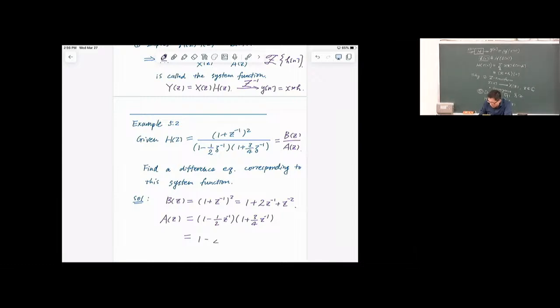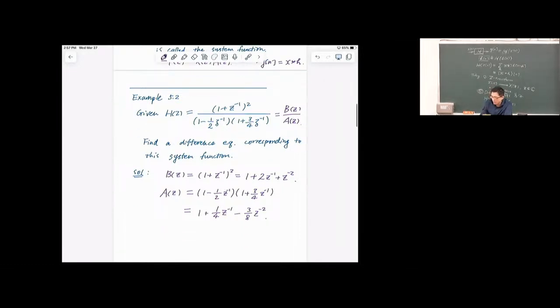It looks like 1 plus 1/4 Z inverse minus 3/8 Z to the minus 2. Forgive me if I make a simple mistake right here, but you get the idea. Just expand the product.